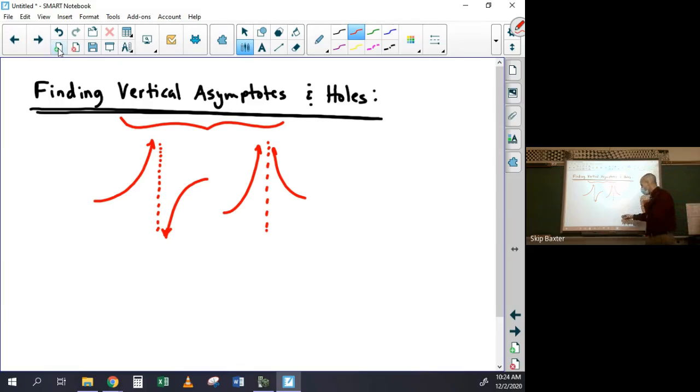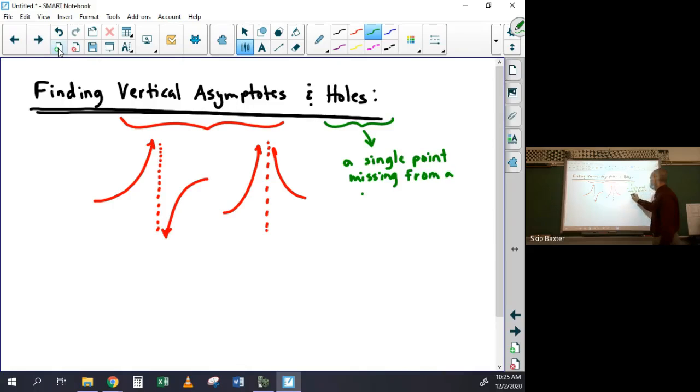A hole, on the other hand, is where there's just a single point missing from a function. So it might be a linear function, just a line that's going along, it's missing a single point, and then it just continues along.